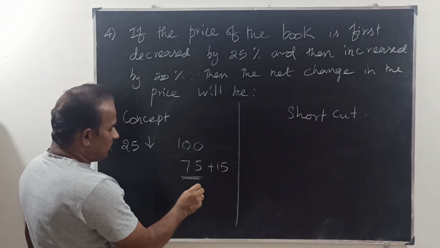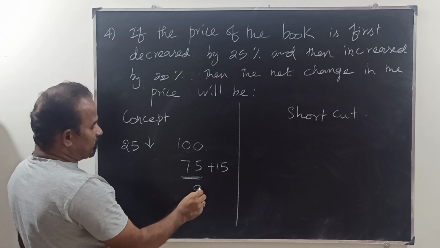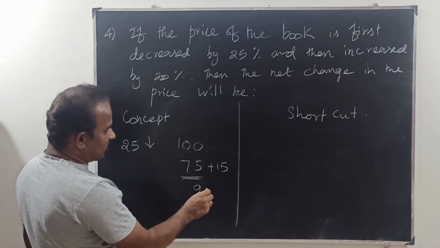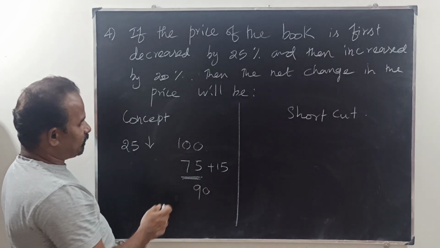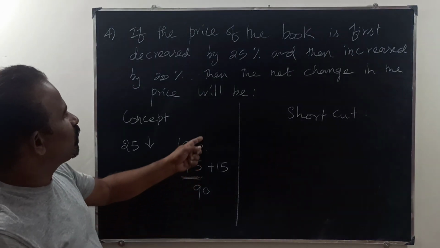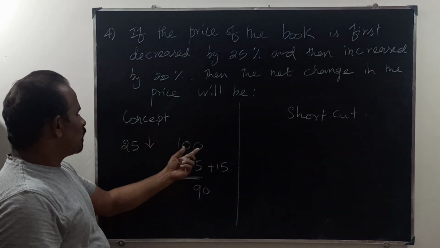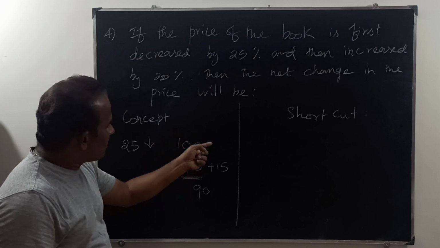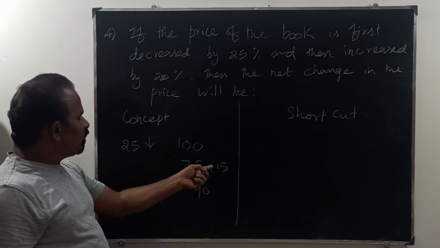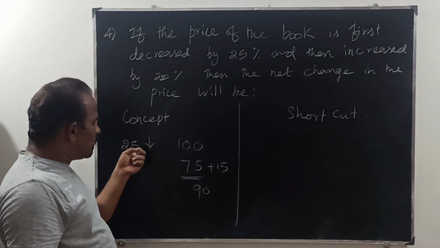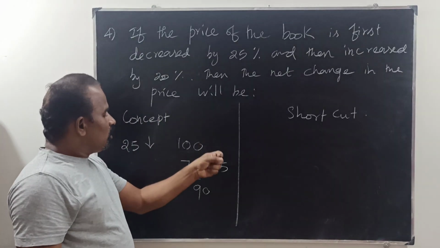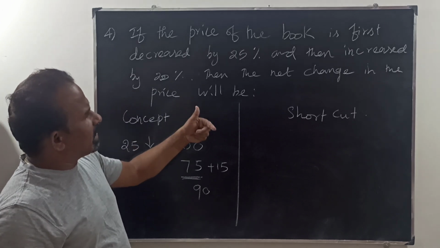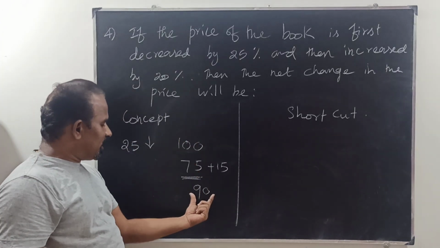So now the price of the book is 90. Okay. So therefore the net change in the price. Out of the MRP 100, after giving one discount, one decrease, one increase, ultimately you will be getting 90.